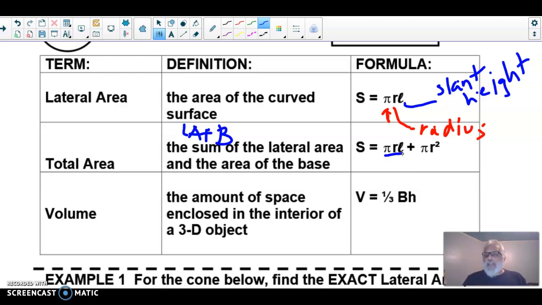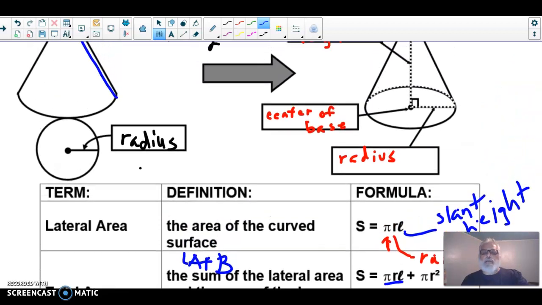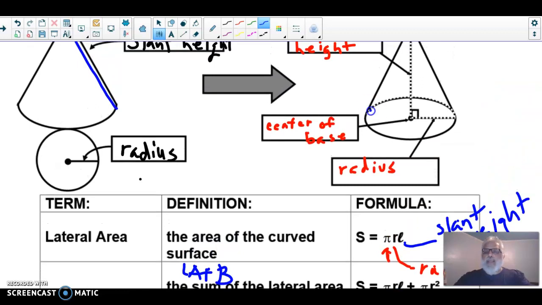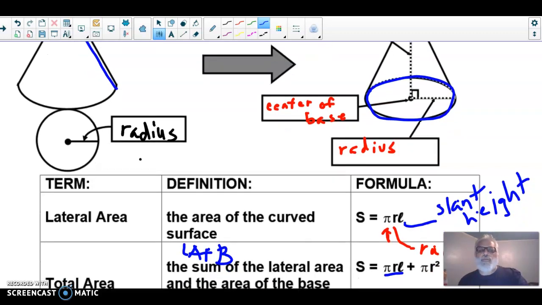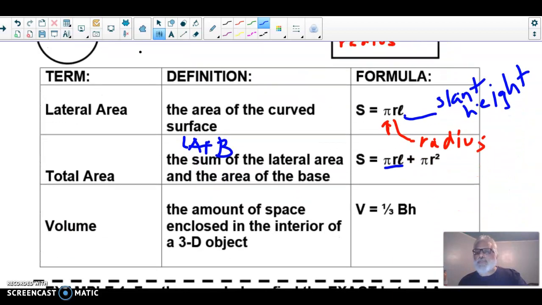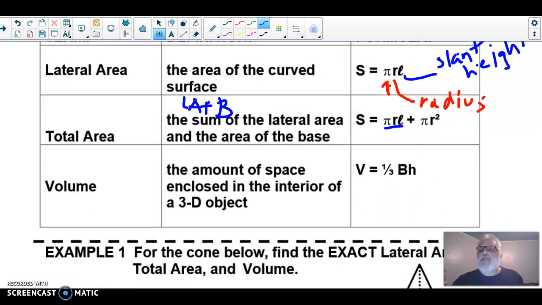The area of the base, now remember the base, right here, the base is a circle. Since the base is a circle, the area of the base is going to be the area of a circle. And that's that.